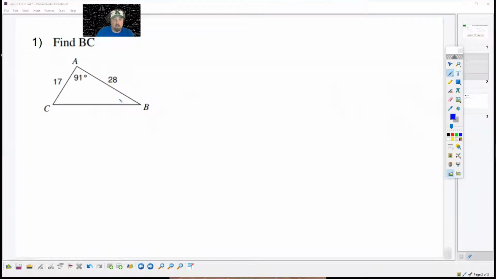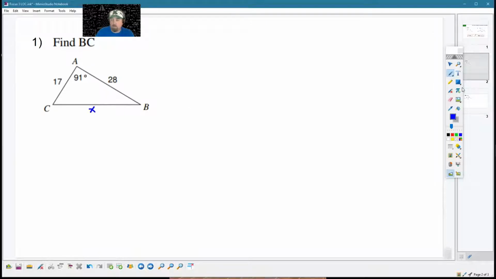So we want to find side BC. So I'm going to put an X over here. Now with this, whenever you get this, I don't care what the labels are, or even if they fit, cross out their labels. Because to make this work, when you go c squared equals a squared plus b squared minus 2ab cosine of C, we need the stuff that we want to solve for, whether it be an angle or a side, to be c.